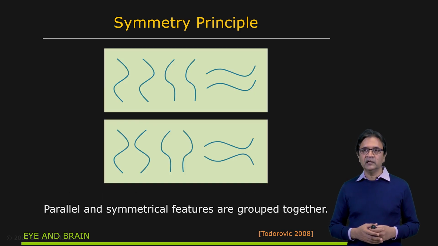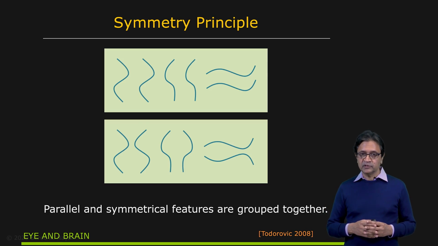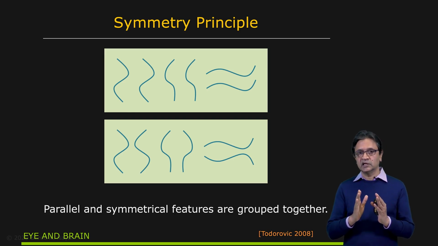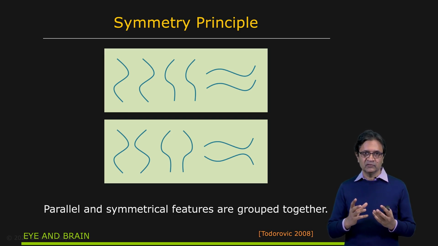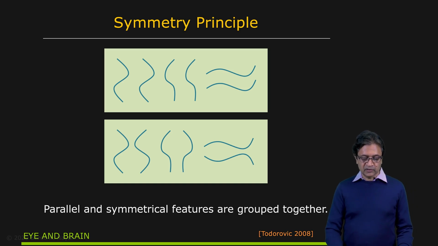And then finally, you have symmetry. So symmetry is a very strong cue because you can imagine it's very unlikely in a scene for two things to be symmetric in some way and not belong to the same group. The chance of that happening is just very low, that things would actually align in this perfectly symmetric way.